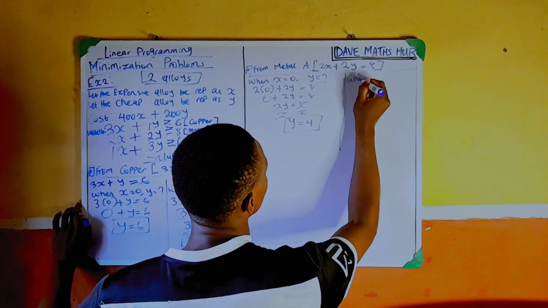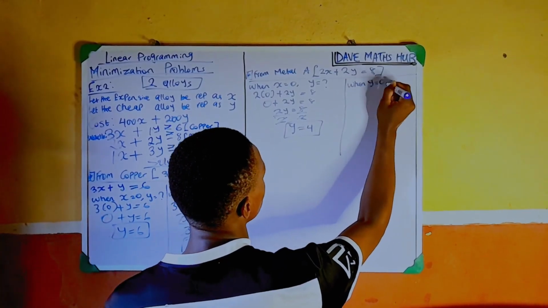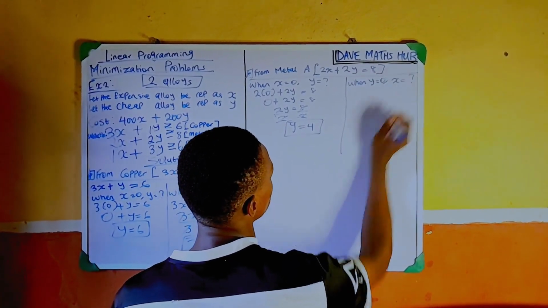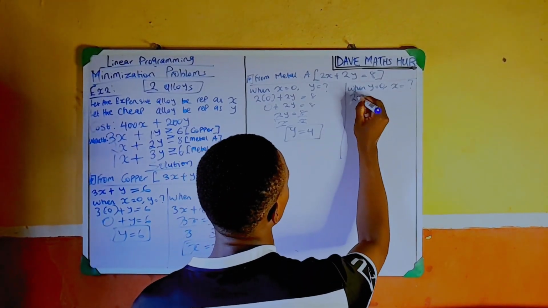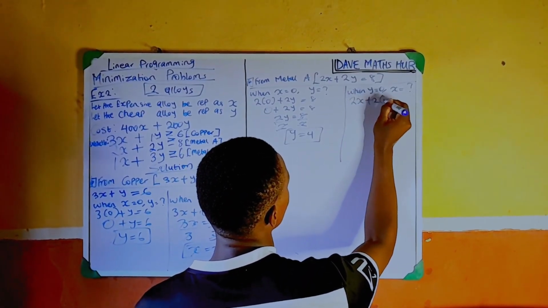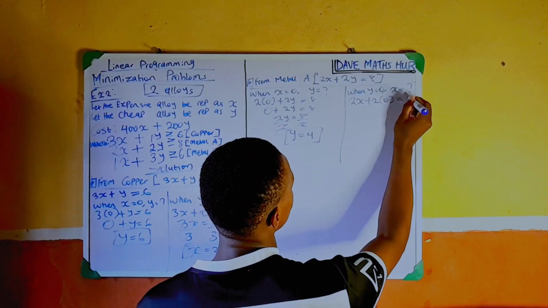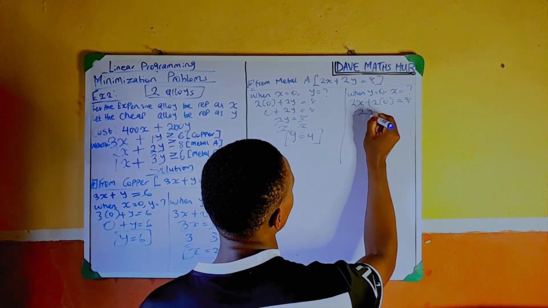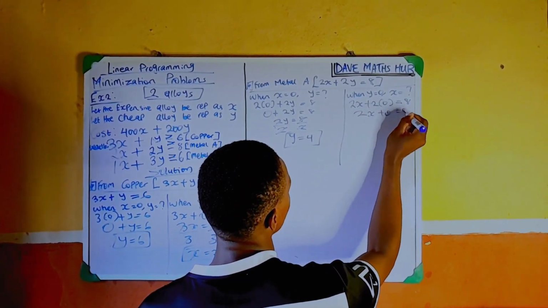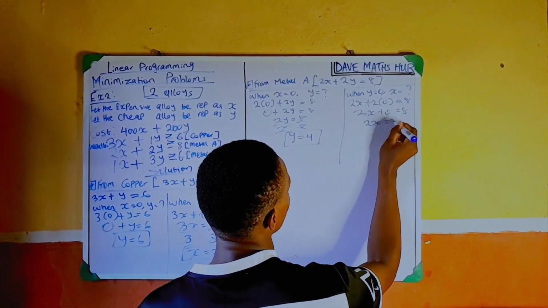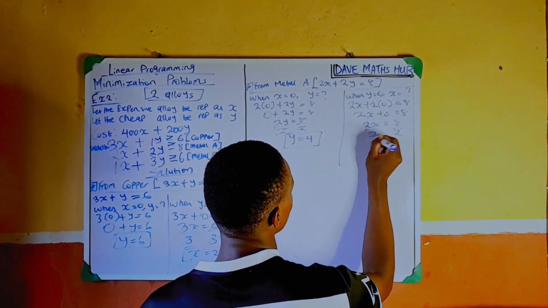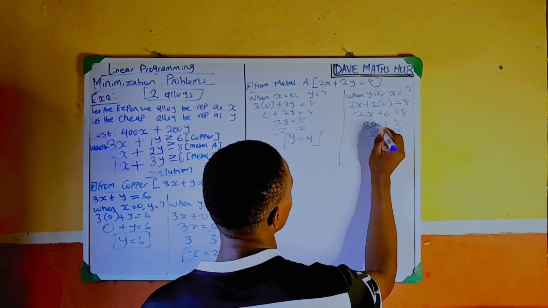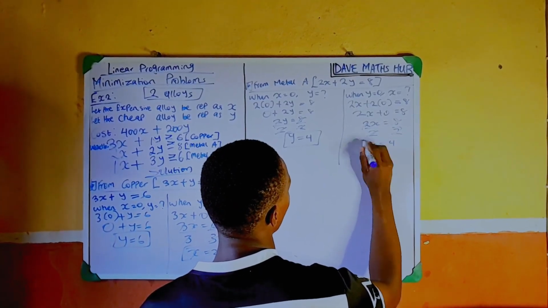When y is equal to 0, x is equal to what? So that's 2x plus 2 times 0 equals 8. 2x plus 0 equals 8. 2x equals 8 over 2 over 2, cancels each other. x is equal to 4.